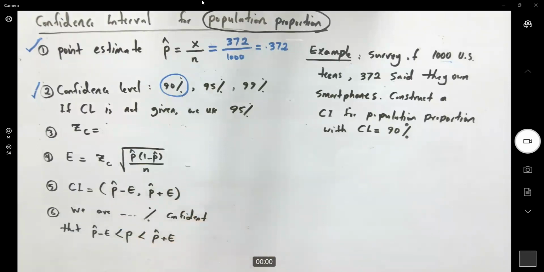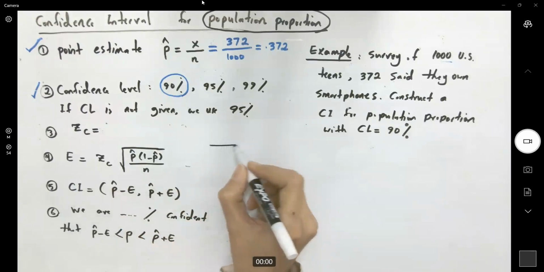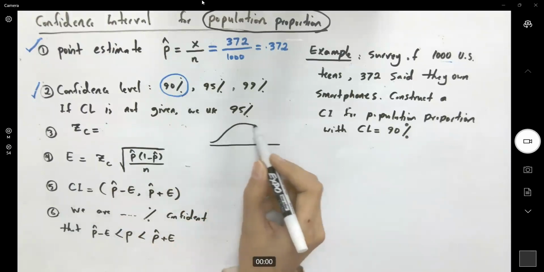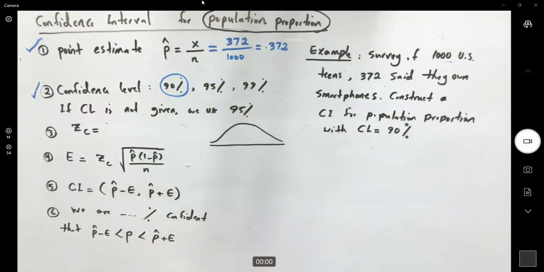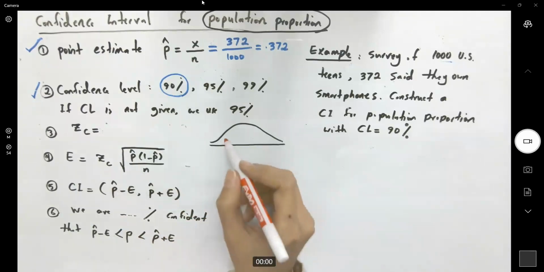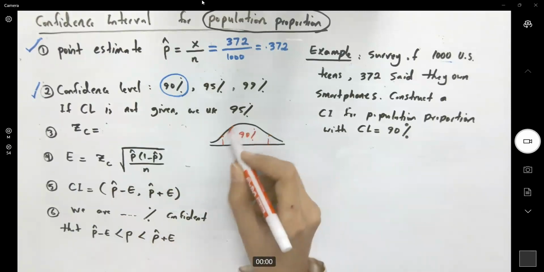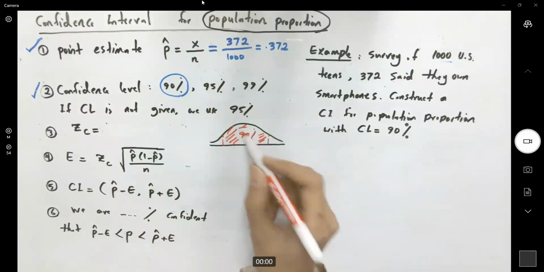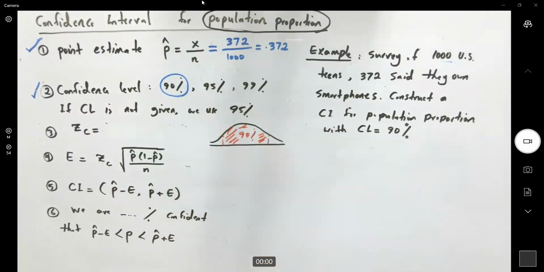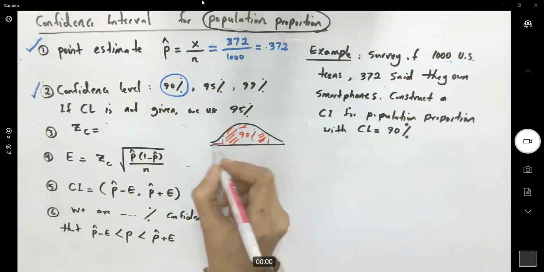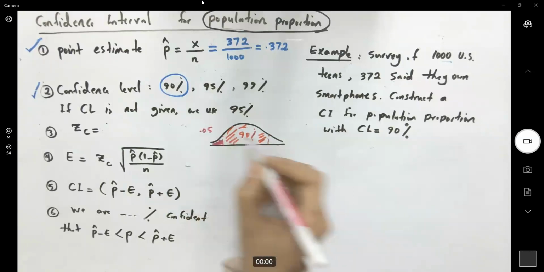To use our calculator, we graph the normal distribution. This is my normal distribution, and 90% of the data are located here. 90% of the area. So 10% is left. It means that 5% is to the left and 5% is to the right, 0.05.